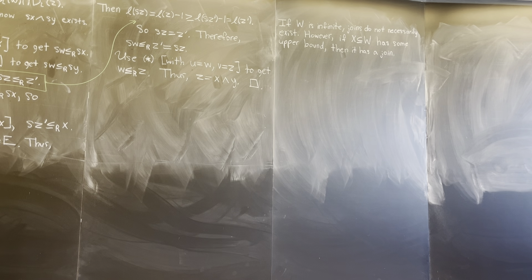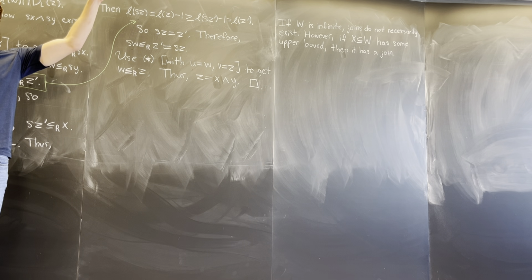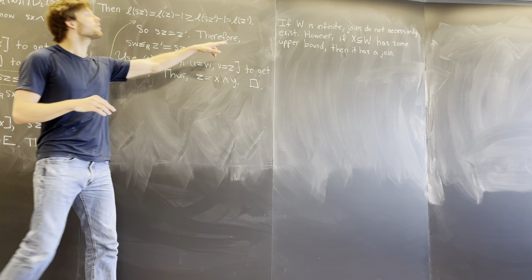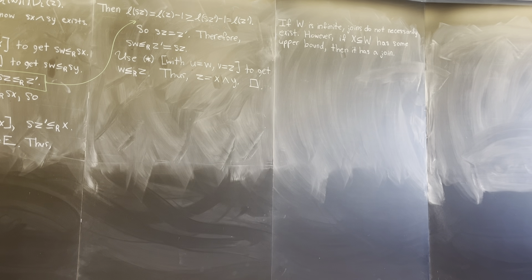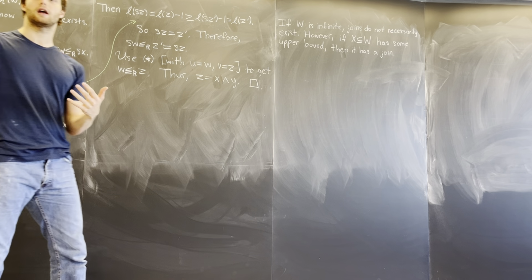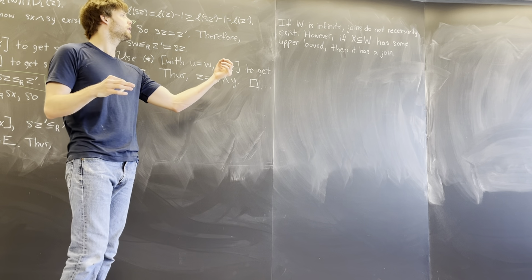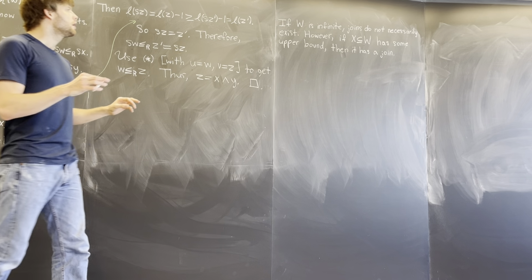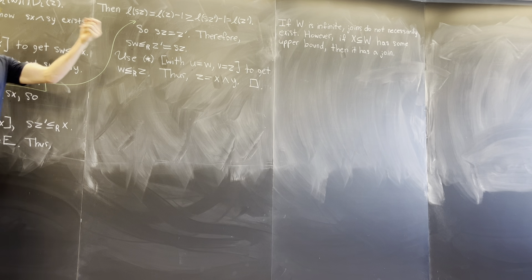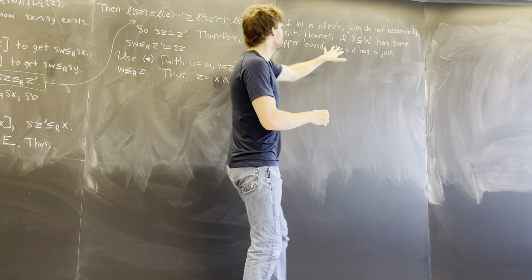Can you take the meet of the upper bounds? Yeah, you can take the meet of all of the upper bounds, right? So you consider the set of all upper bounds for my set X. That's a subset, so because it's a complete meet semilattice, which I guess I didn't prove, but that's true, I take their meet, and that is necessarily also going to be an upper bound for X. You can check that. And then that means that it's the least upper bound. Okay.